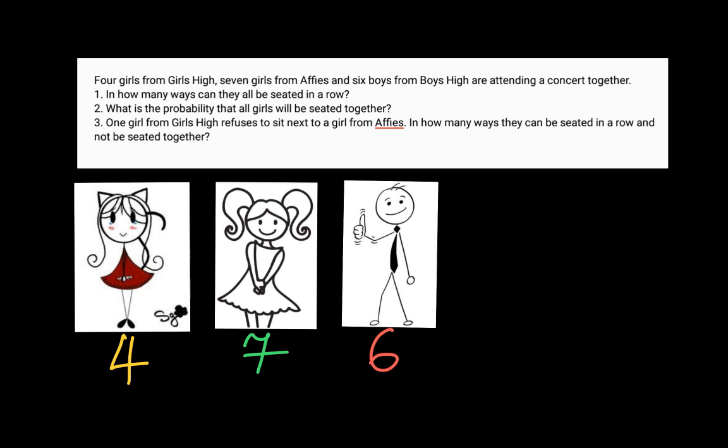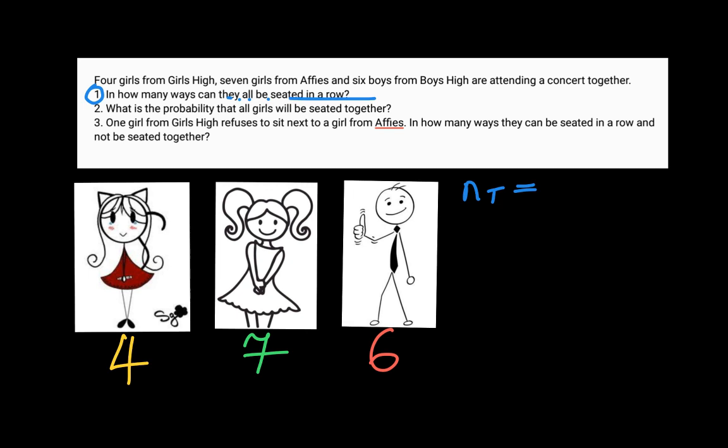They're going to the concert together. And the simple question, the first question is, in how many ways can all be seated in a row? Okay, so the question is total number of ways that these people can be seated. So if I look at the total number of different objects, we have how many different objects?